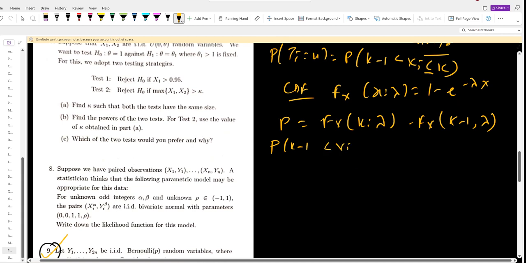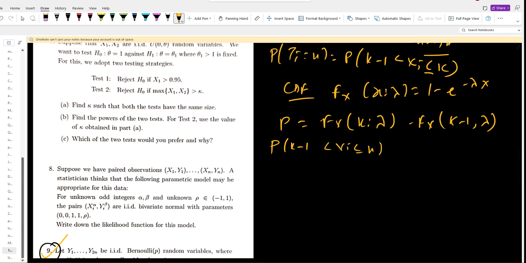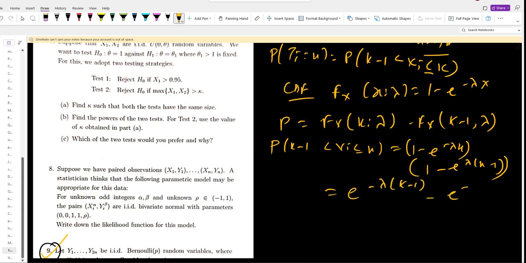Simplifying, this becomes e^(-lambda (k minus 1)) minus e^(-lambda k).